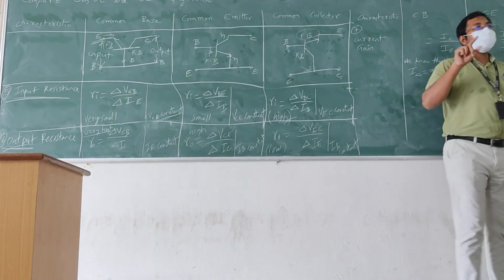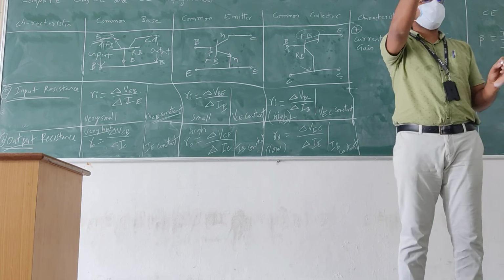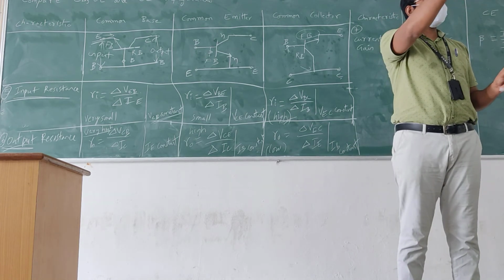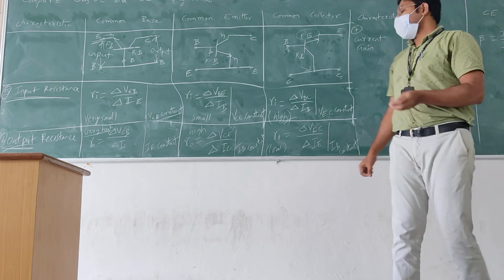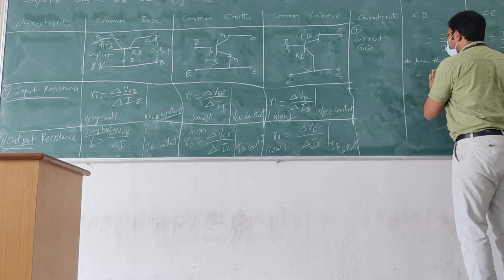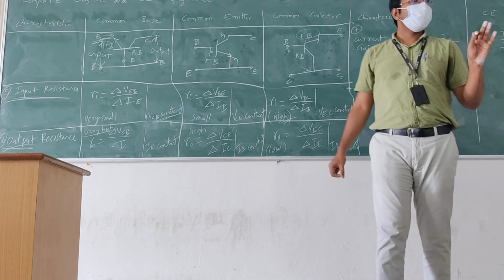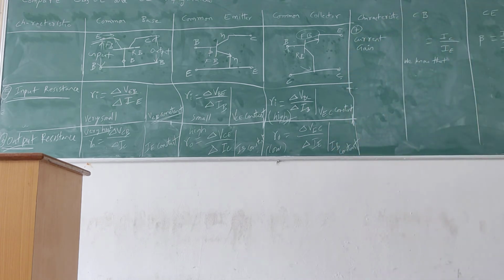See the derivation of IC is equal to beta IB plus 1 plus beta into ICO. In that, IE plus IC, we have a relation.